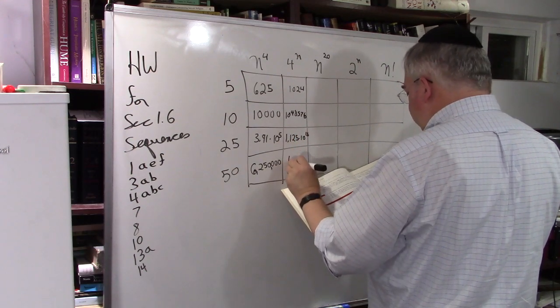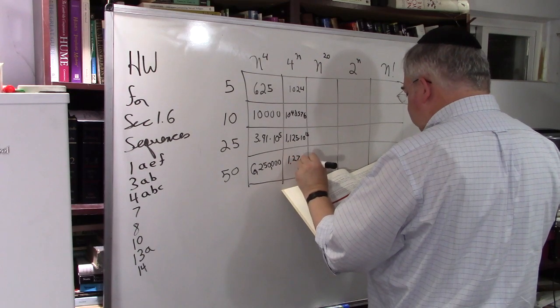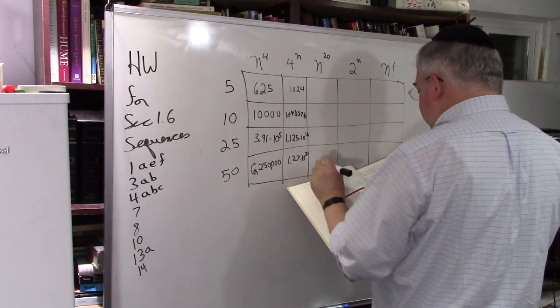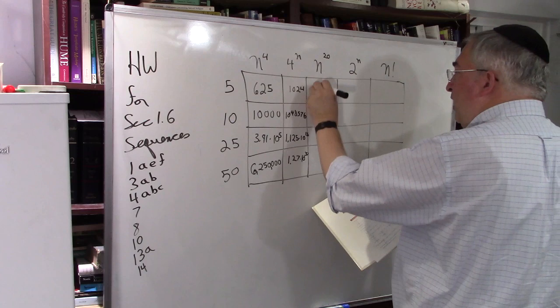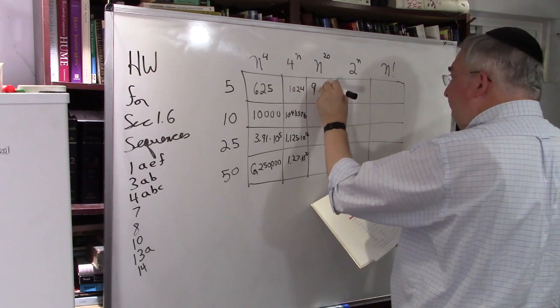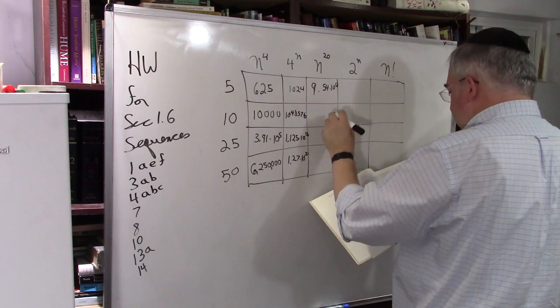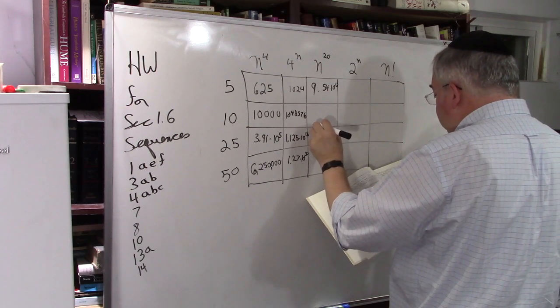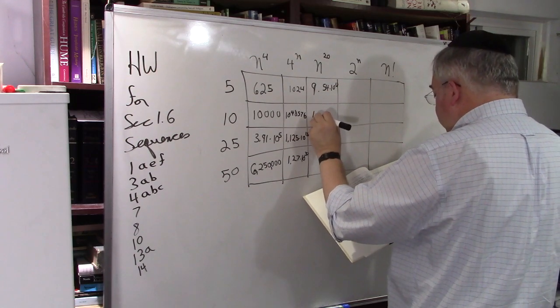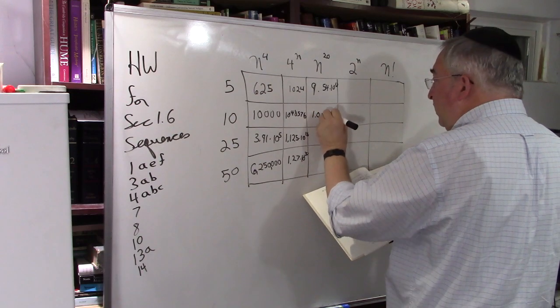This is 1.27 times 10 to the 30th. Okay, this is 9.54 times 10 to the 13th. This is 1.0 times 10 to the 20, I think.